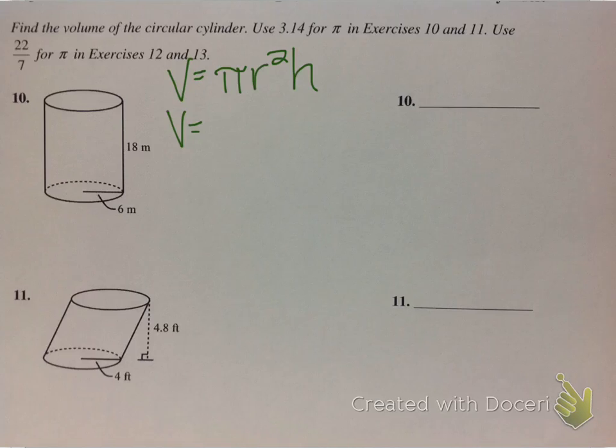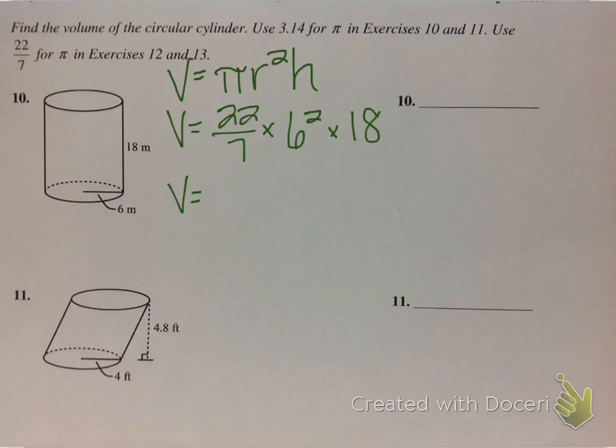We'll do one of each. So for our volume, I'm going to use the 22/7 on this one just because I don't see a decimal point in either of my numbers, so I'm just going to use the fraction. And this would be times 6 squared times the height, which is 18.